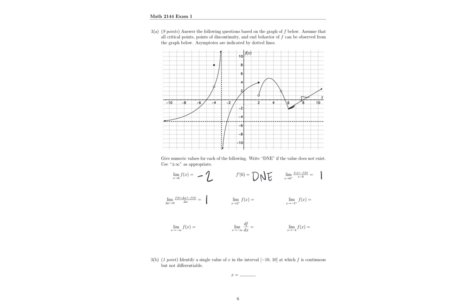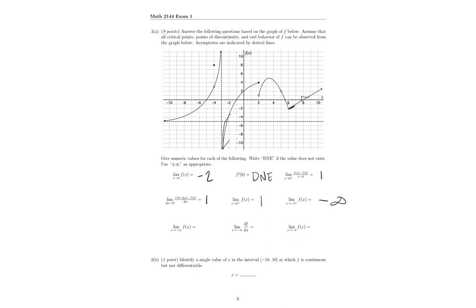And now if we're looking at the limit as x goes to 2 from the right of f of x, that is also going to be approaching 1. And now if we look at the limit as x goes to -3 from the right, it looks like it's going to -infinity.